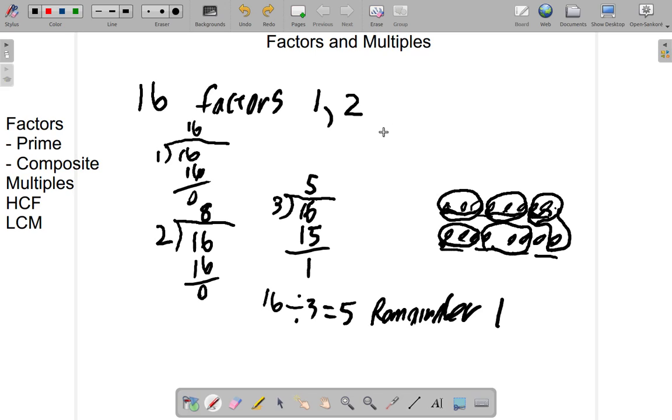Now if you try 4, you will see that 4 is another factor of 16. There are exactly 4 4's in 16. 5 won't work.